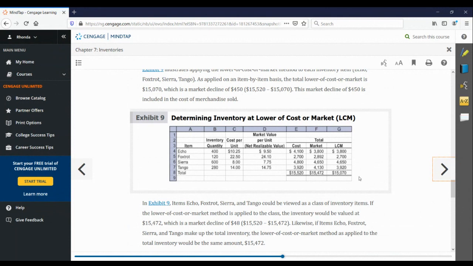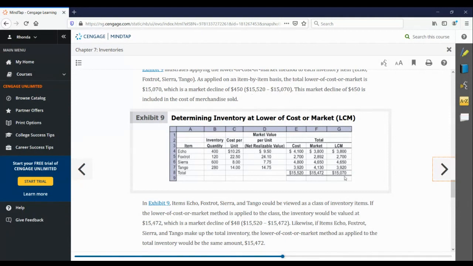What we would need to do, and something that they are not showing you in this example, is record a journal entry which would adjust the cost of our merchandise sold. To get our cost of merchandise sold to work properly, we would need to show that our ending inventory has declined by $450.